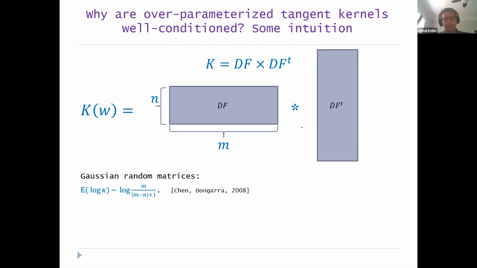And my derivative matrix is N by M. So I'm multiplying an N by M matrix times an M by N matrix to get N by N. Now let us think, what does it mean for this matrix to be well-conditioned? That means that the row rank of my matrix needs to be maximum. But this is really easy when it's skinny. Why? Because think, suppose N is equal to 1.